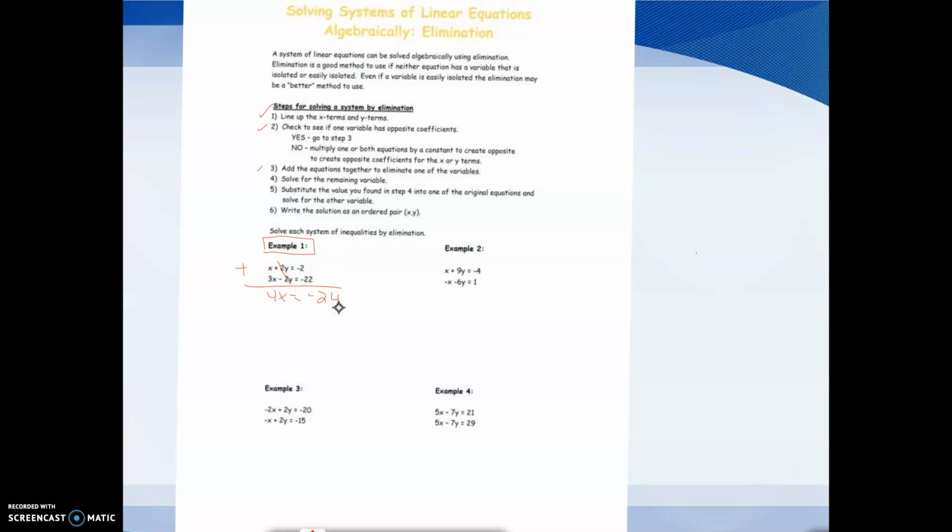All right. Now that, guys, is a piece of cake, right? So we're going to divide by 4. And x is going to become -6.